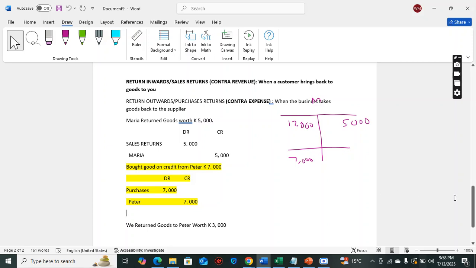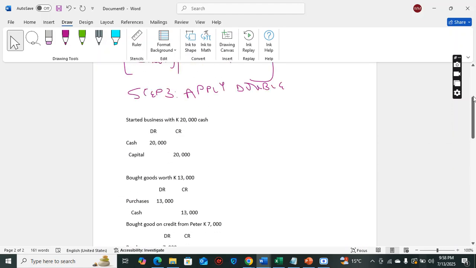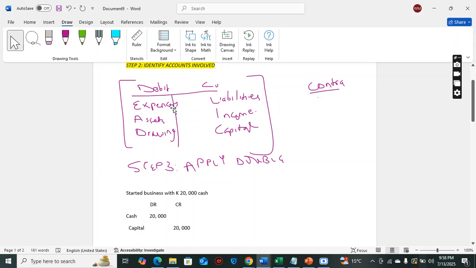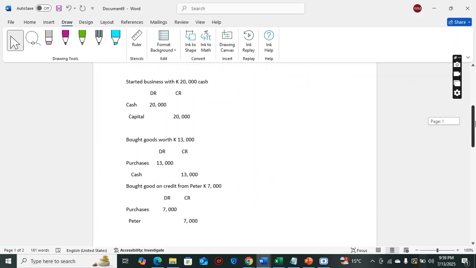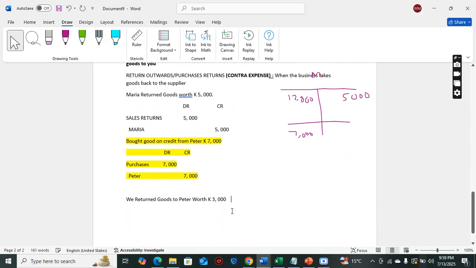So the 7,000 we're owing Peter has to reduce. Purchases returns is a contra expense account, and remember expenses increase with debit, so a contra expense means you credit. So credit purchases returns.